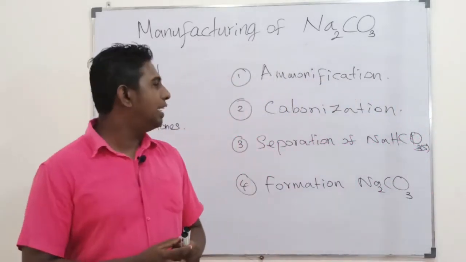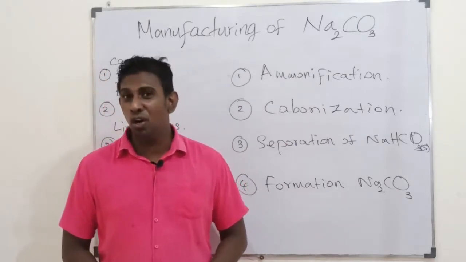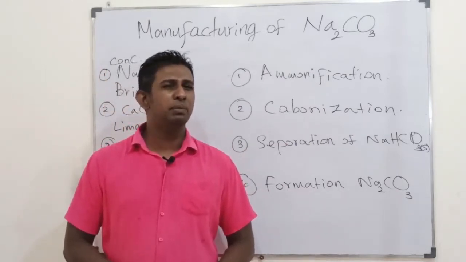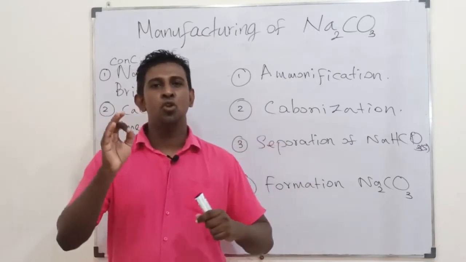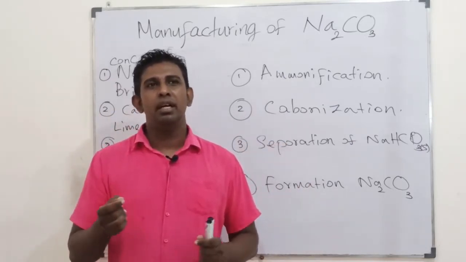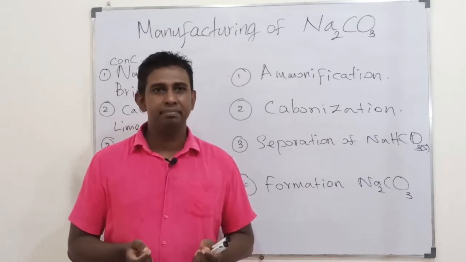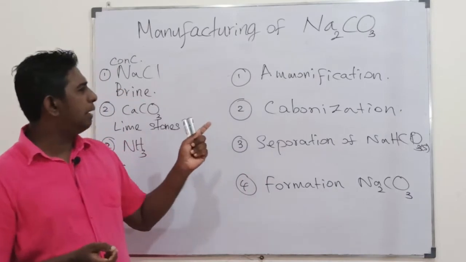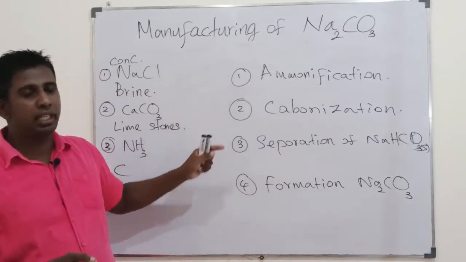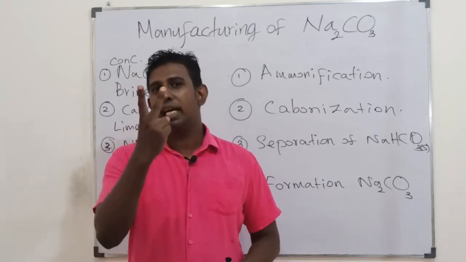Okay, students, those are the 4 steps being followed during which process? During the Solvay process. Okay, then let's find them out in more detail, with reactions as well. Students, these 4 steps, especially the first 2 steps, would be followed inside 2 towers.